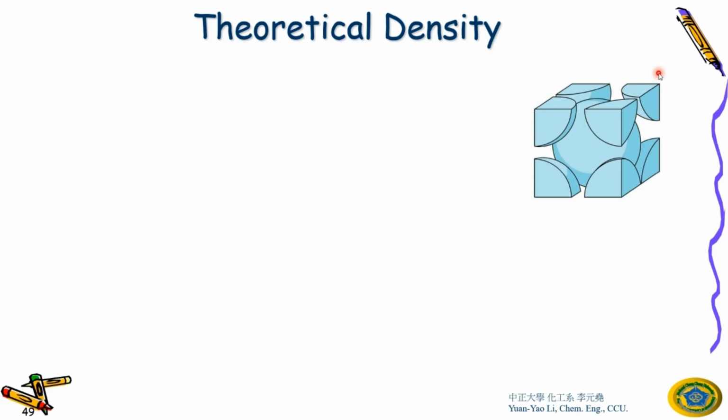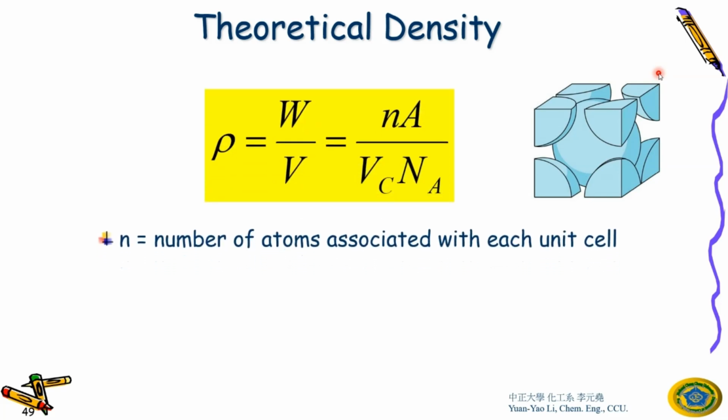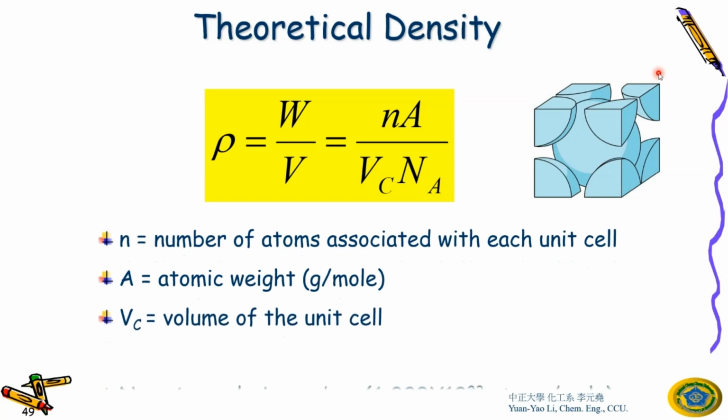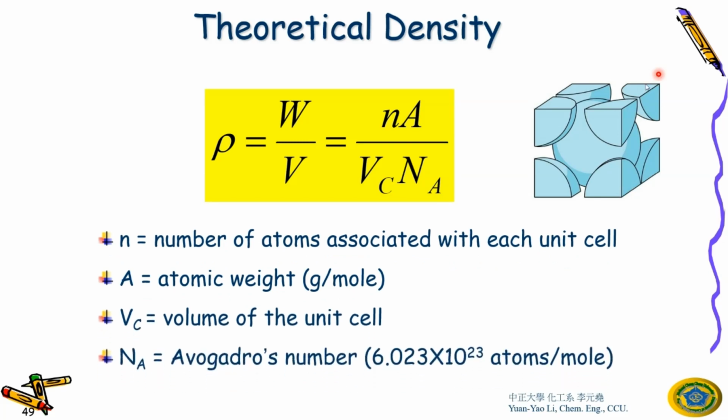That means the weight divided by the volume of this material. How about theoretical density? You don't need to measure, you just calculate. This is called theoretical density. So you need to know the definition of the theoretical density. Of course, the density will be equal to weight divided by volume, right?